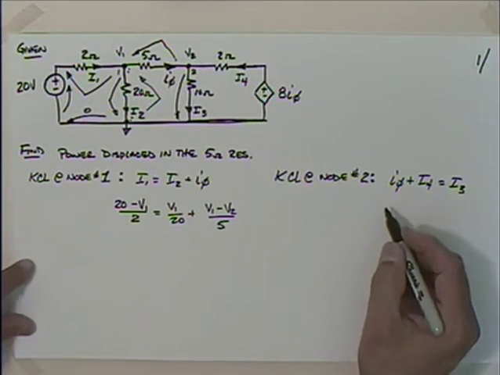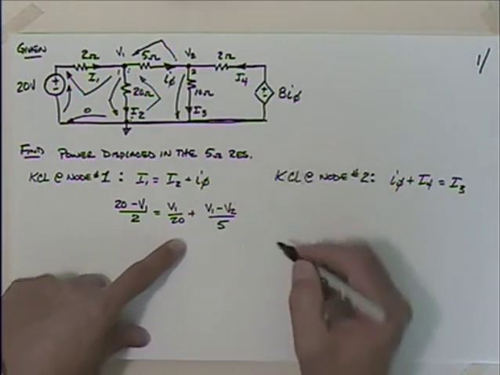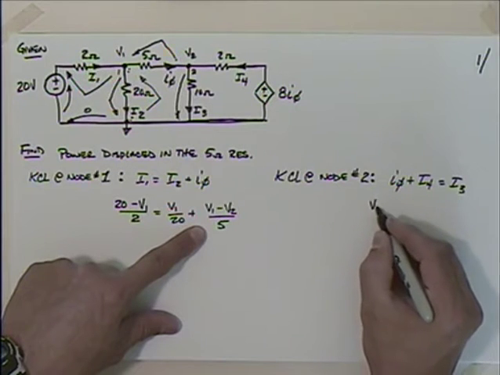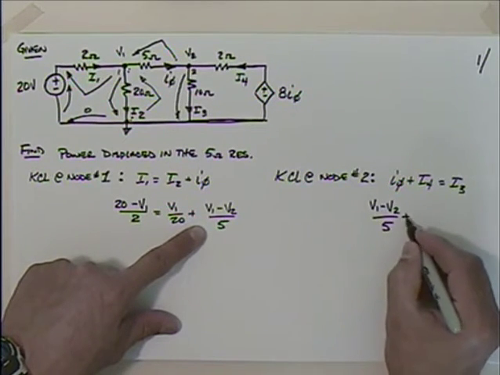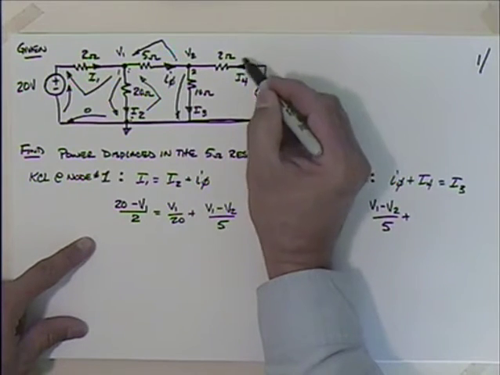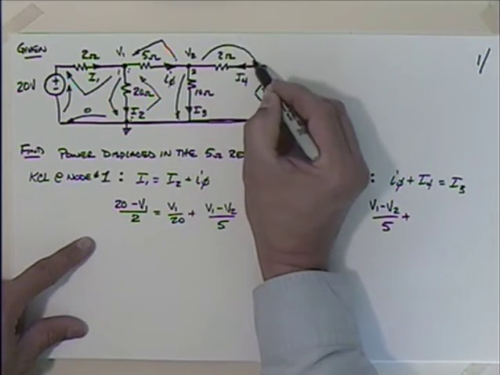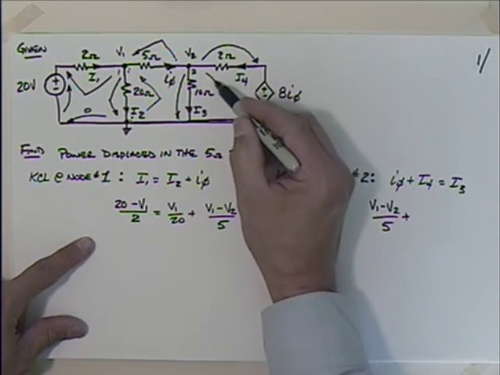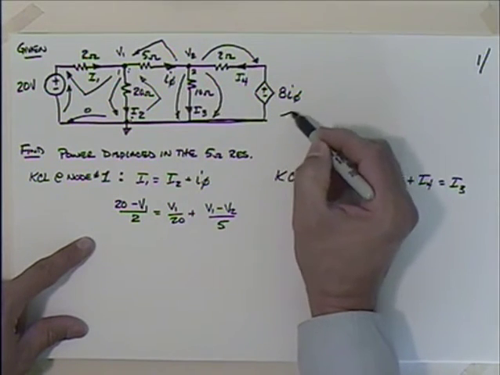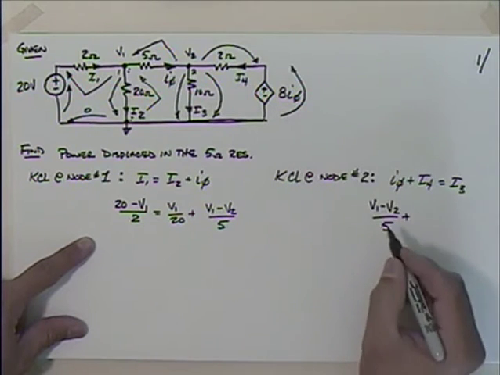Okay. Well, we got I phi over here. We know that this is I phi, so I can just rewrite this as V1 minus V2 divided by 5, plus then I4, so I have to find that voltage right there, don't I? Which is going to be minus V2 plus 8 I phi.